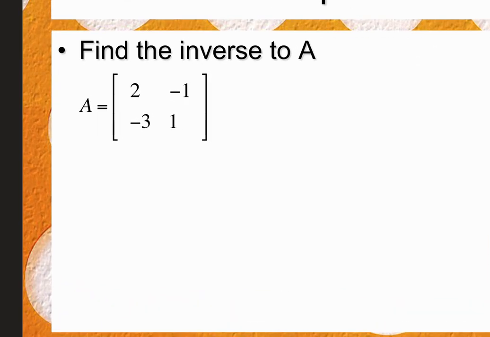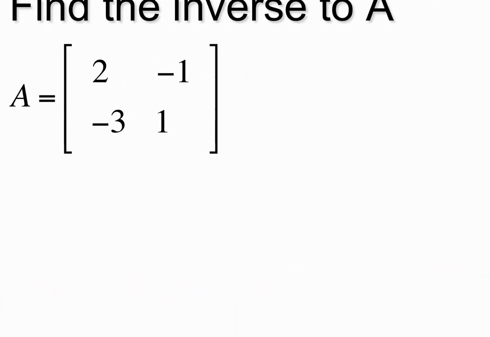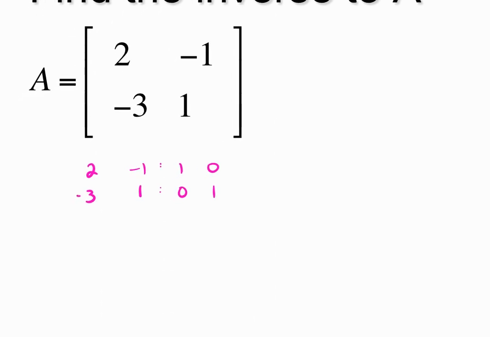Okay, so the first thing we're going to do is rewrite this matrix on the left. So 2, -1, -3, 1. And then on the right, the goal, 1, 0, 0, 1. Now my goal is to get the diagonal of ones with the zeros above and below. With a 2 by 2, I don't necessarily always go in the same order.